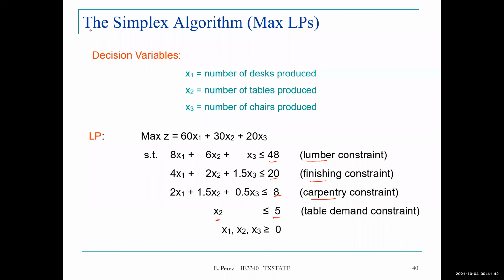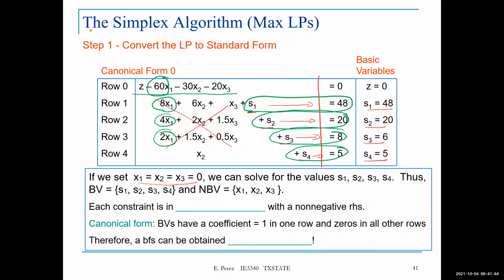So we're going to put this problem into the standard form. So that's why we add those slack variables for each one of the constraints. And as I said already, we look at the initial solution for the problem. And that can be easily found by making the non-basics x1, x2, and x3 equal to 0.